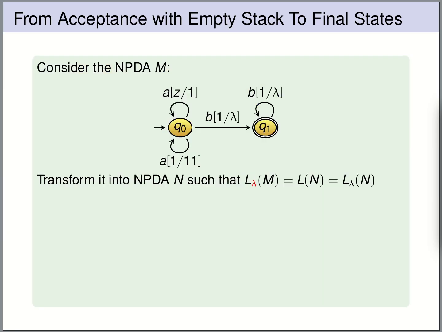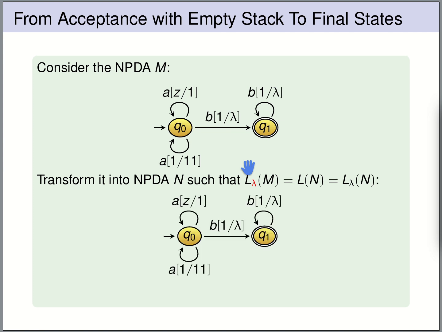Again, this construction is best understood by means of an example. Here we have our non-deterministic pushdown automaton M, and we are going to transform it into an automaton N, for which the empty stack language is the same as the language, and the language is the same as the empty stack language of our original automaton M. So we start by taking M and we add 2 fresh states.